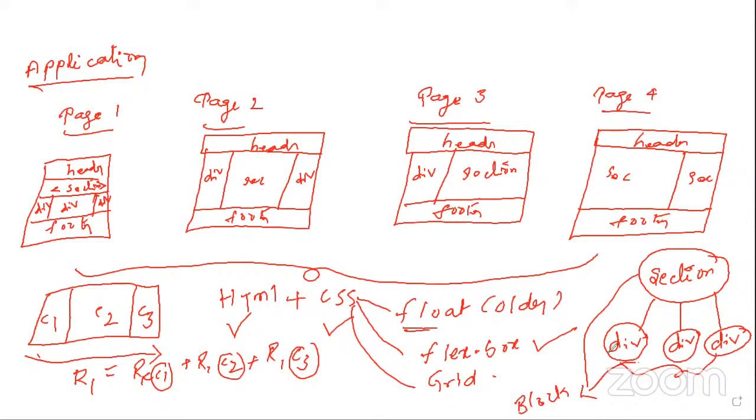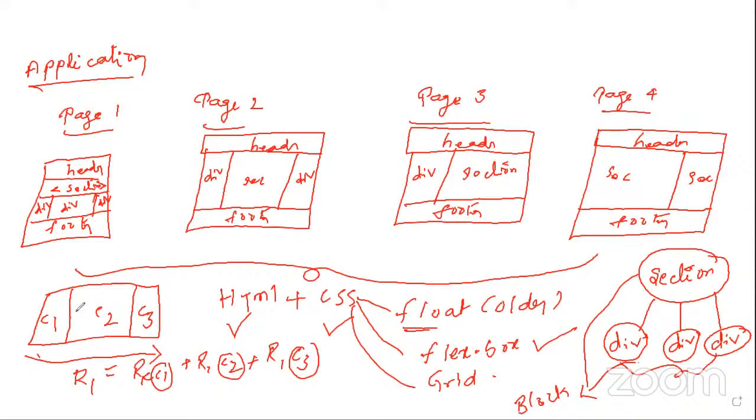Since these guys are block level elements, if you execute it, all the divisions are going to display in the format of block level. They are going to display in a web page one by one. All 3 of the divisions will try to display within our section. Since section is also block level, they are displaying one by one.